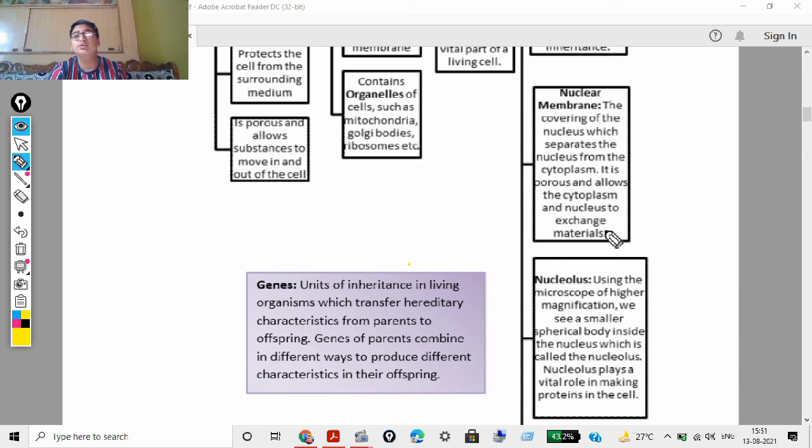Food and water. And exchange of materials. This has been understood.